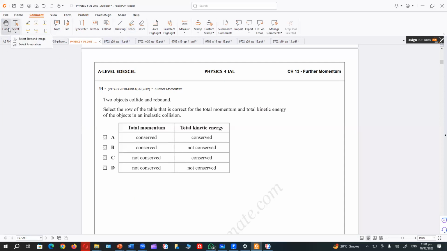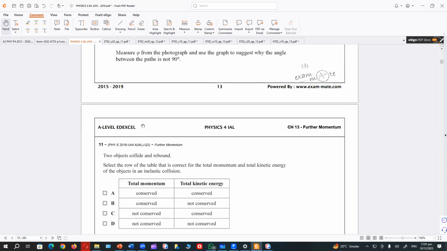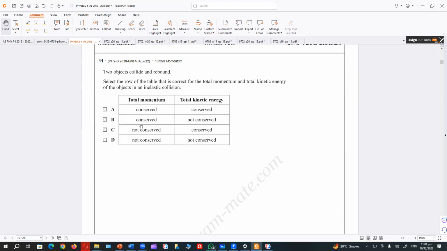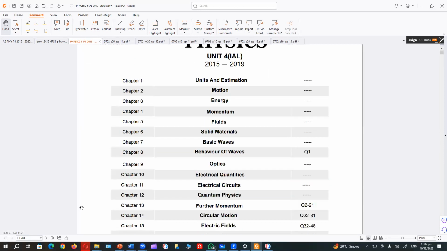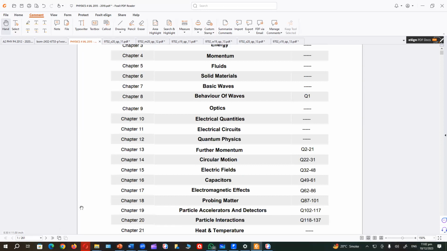When the collision is inelastic, kinetic energy is not conserved. Yes, it's B, right?